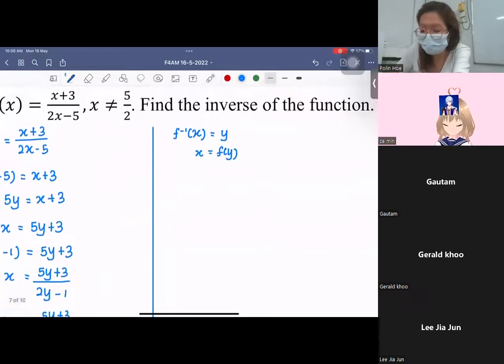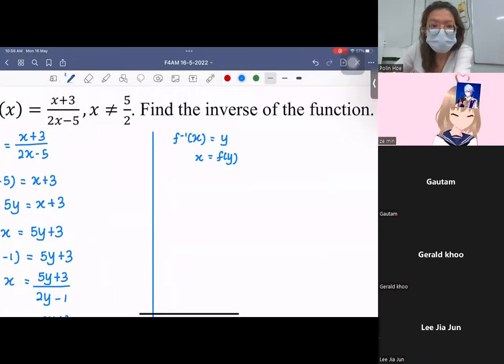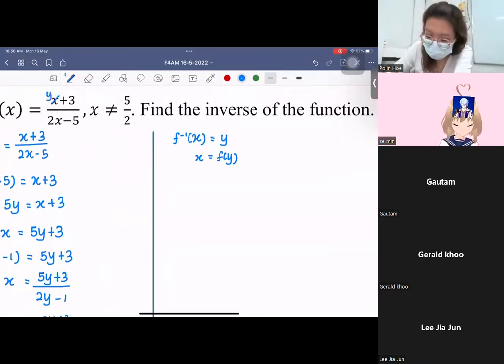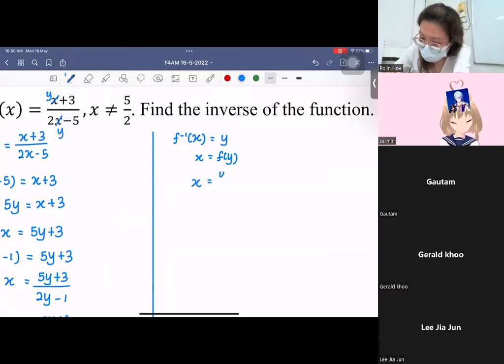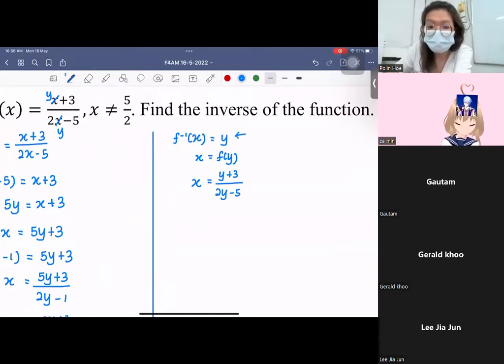This is another theory for inverse functions. Now, I have f(x), and I change my x to y. So x equals (y plus 3) over (2y minus 5). Still the same. Now you are going to find the inverse of x, so you want to find what your y is.